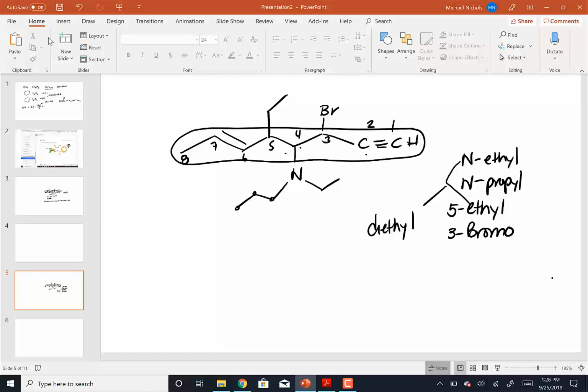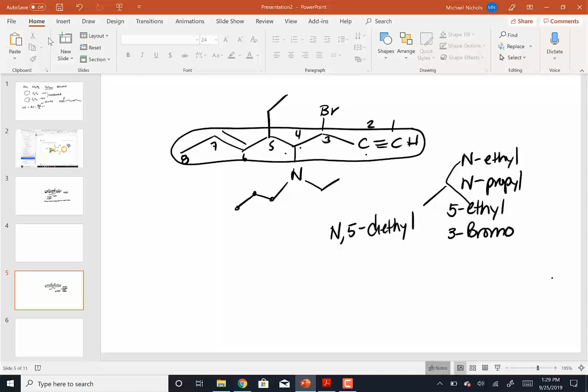If N is like a number, that diethyl is going to be N5 diethyl. So the significance of the N5 is that there's an ethyl group attached to nitrogen, and there's an ethyl group attached to the chain at carbon 5.